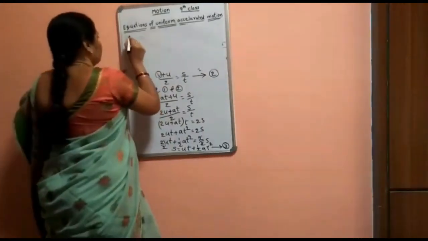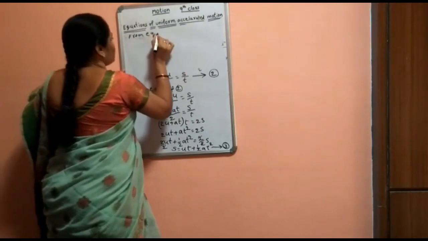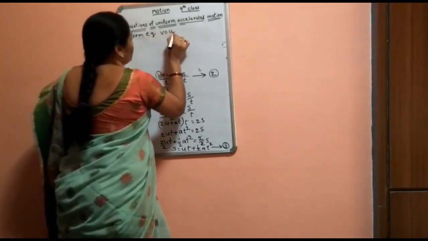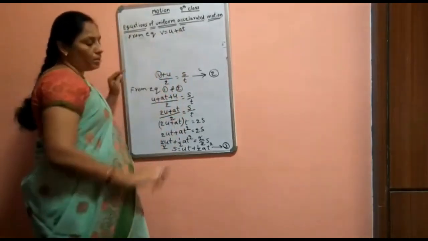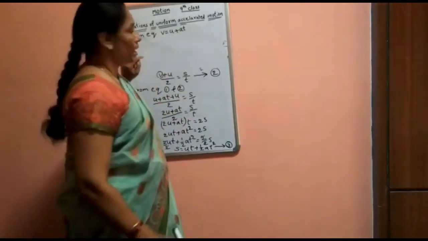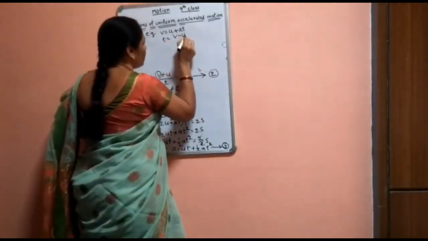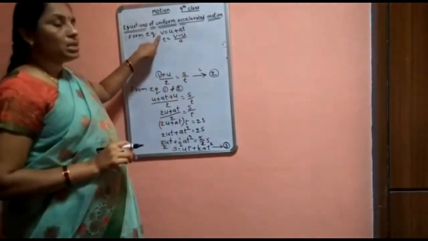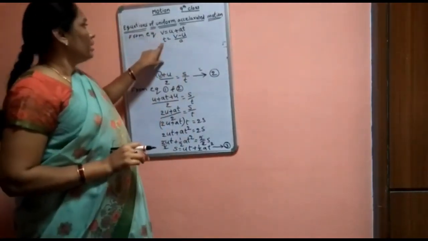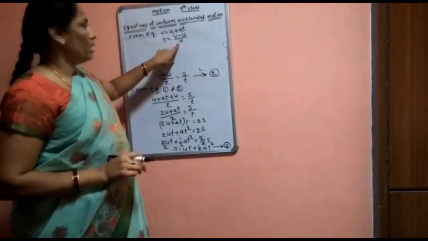From the equation v is equal to u plus at, t is equal to v minus u by a.